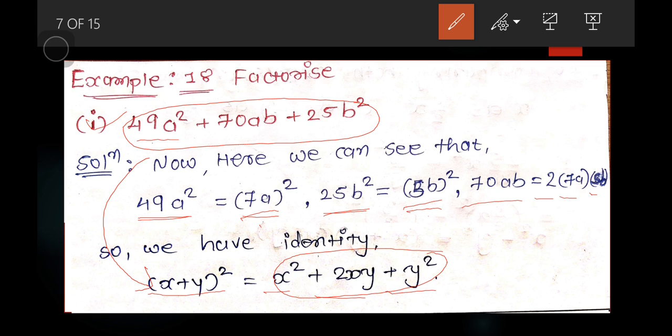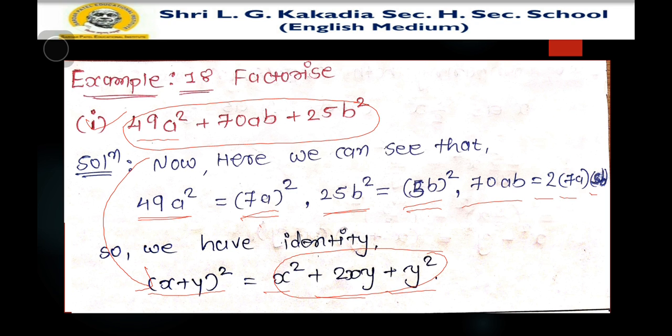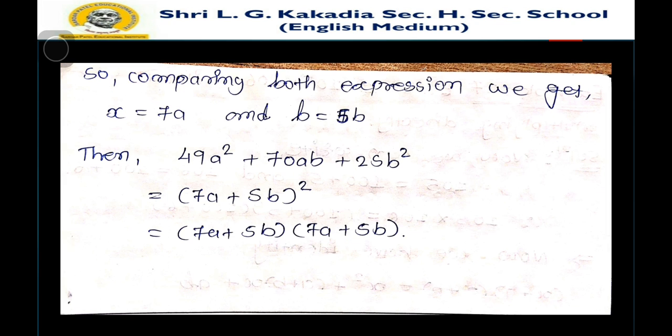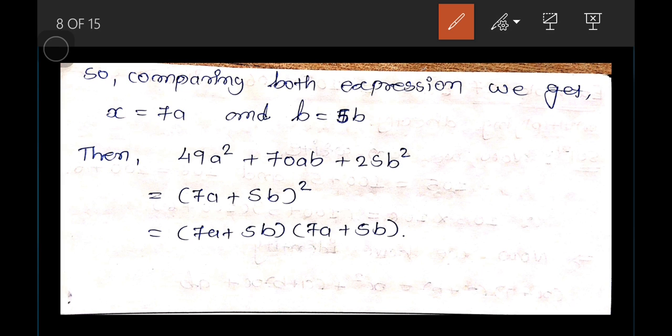Let us factorize the given example using this identity. We compare both expressions, then we get x as 7a and y as 5b.